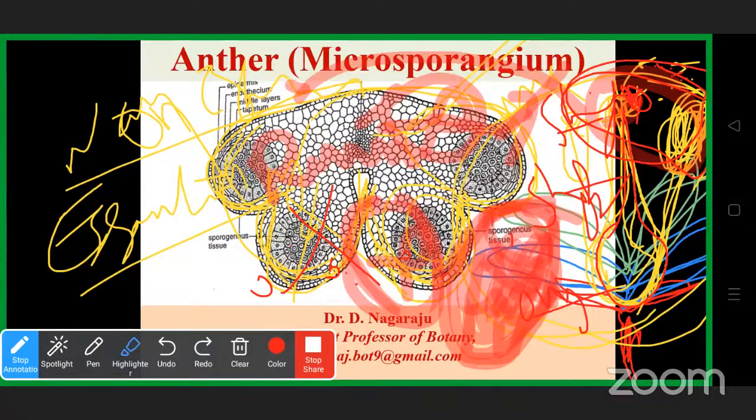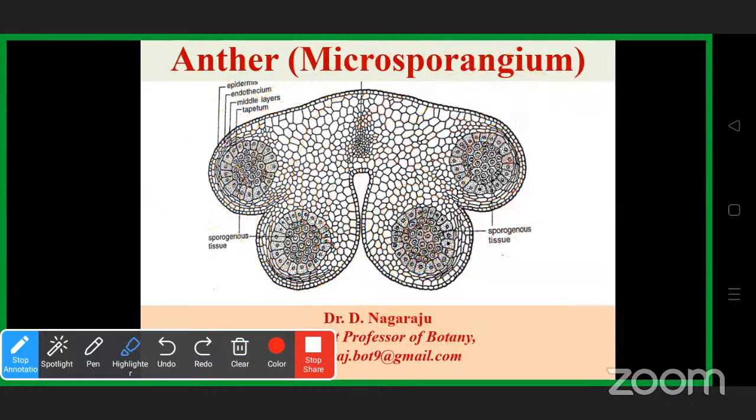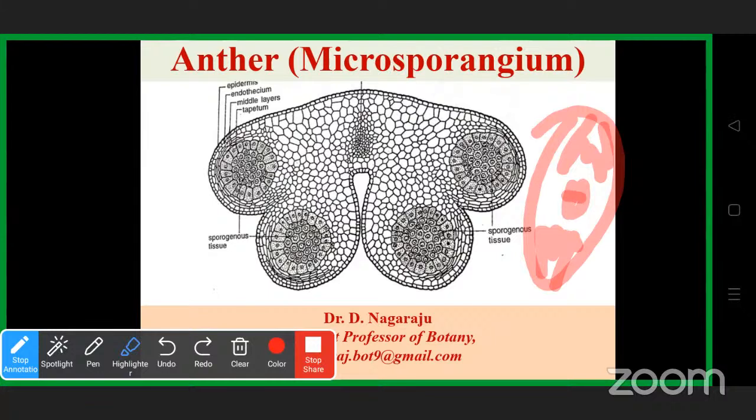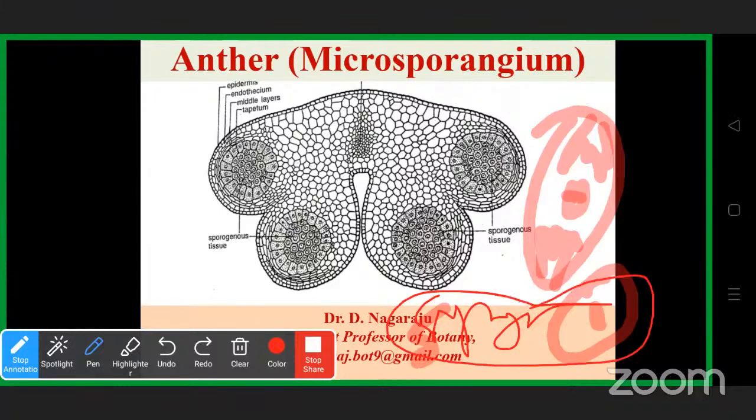You know, in angiosperms double fertilization will take place, whereas in gymnosperms only syngamy will take place.